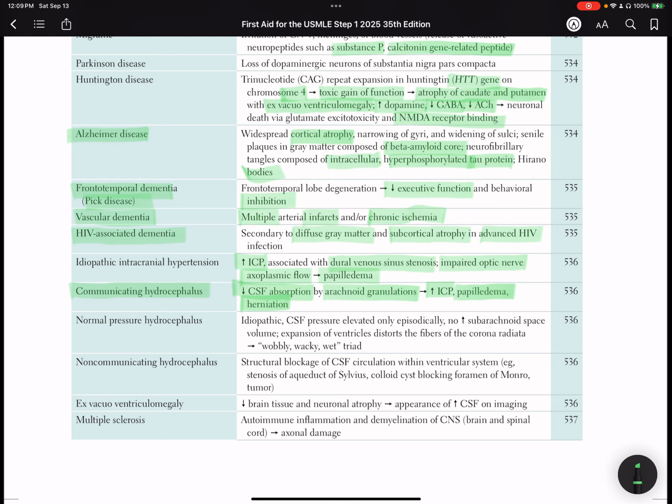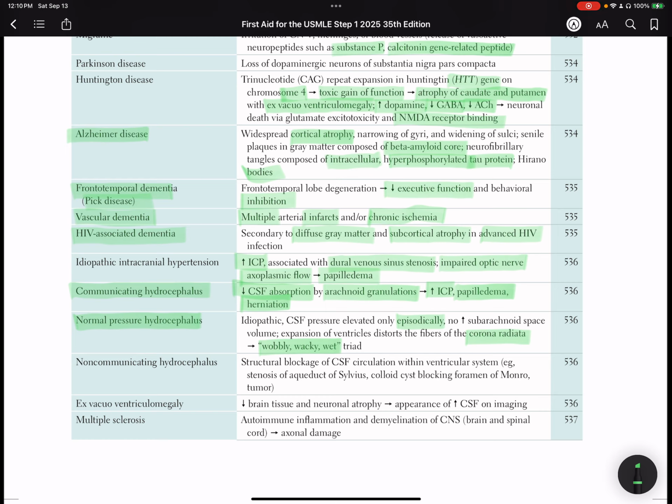What causes normal pressure hydrocephalus? It is idiopathic. CSF pressure is elevated only episodically. No increased subarachnoid space volume. Expansion of ventricles distorts the fibers of the corona radiata. You see the wobbly, wacky, wet triad.